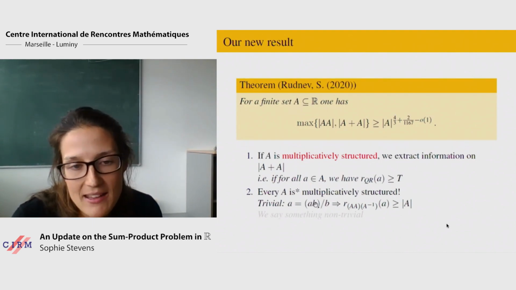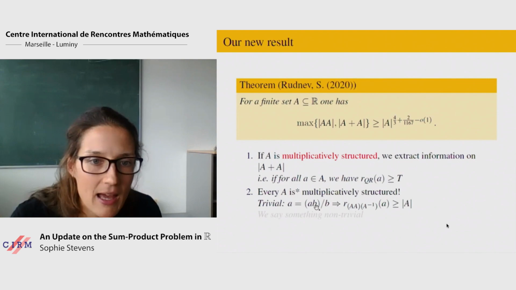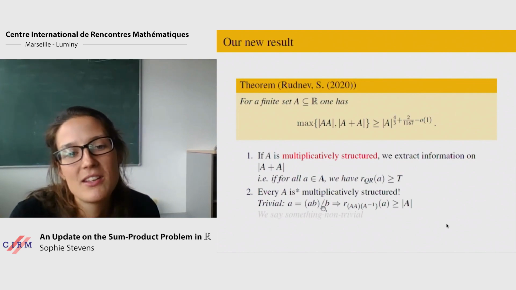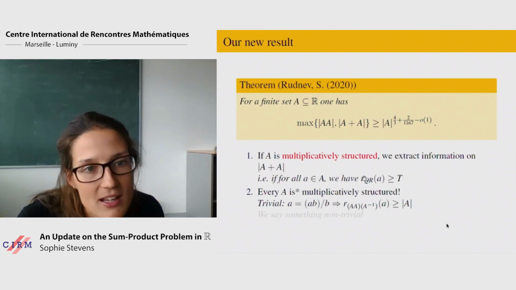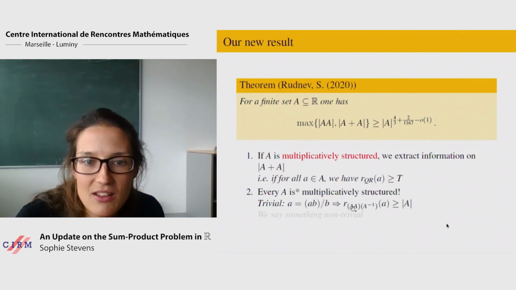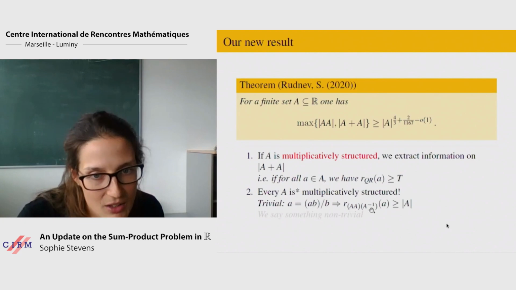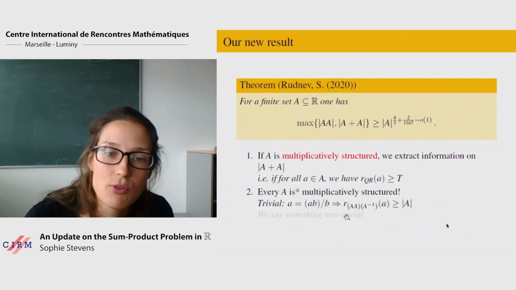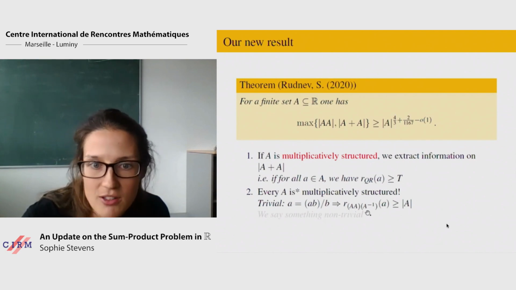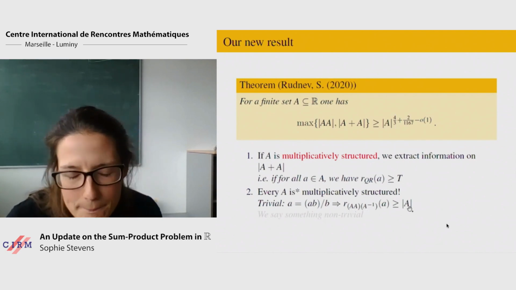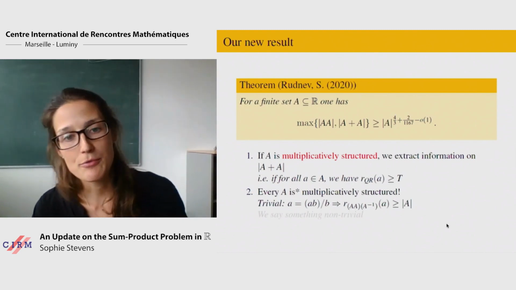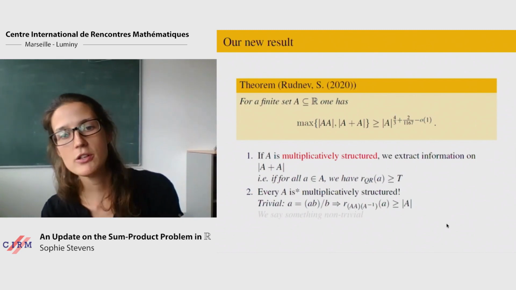And for any element A, there are as many choices of B as the size of our set. So in the notation of the first point, that's saying that the number of representations of an element A as a product from the product set and the inverses is at least |A|. So in this sense, every set is multiplicatively structured.